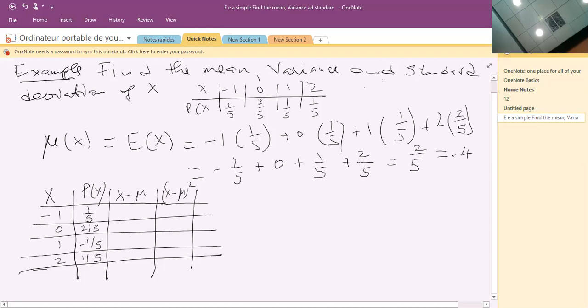We do x minus mu. That is minus 1 minus 0.4, which is minus 1.4. Then 0 minus 0.4, which is minus 0.4. Then 1 minus 0.4, and 2 minus 0.4, which is 1.6.